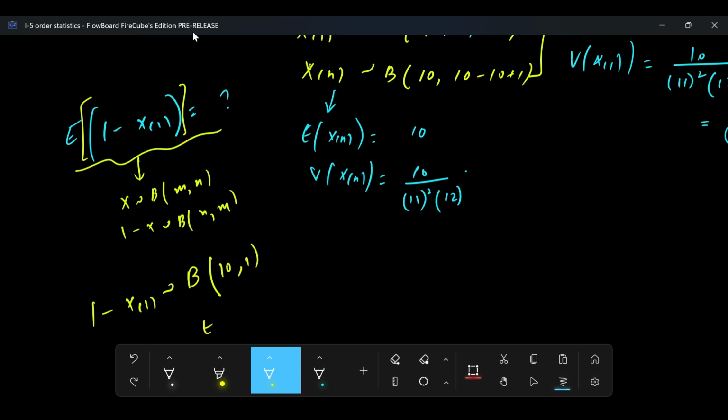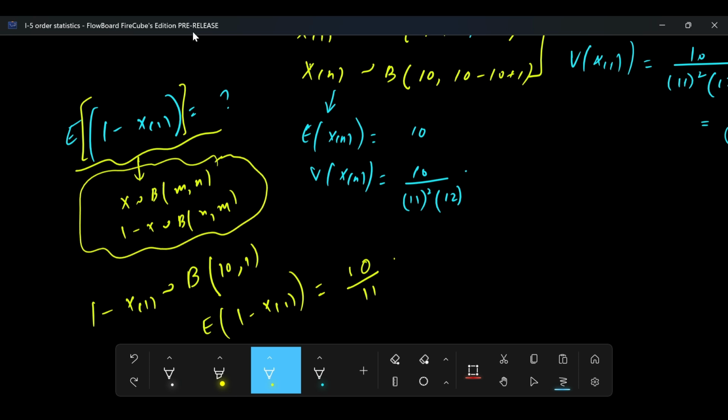So the expectation of 1 minus x1 will be m upon m plus n, that's 10 by 11. This is the property. Go and check the beta distribution, you will find this property.